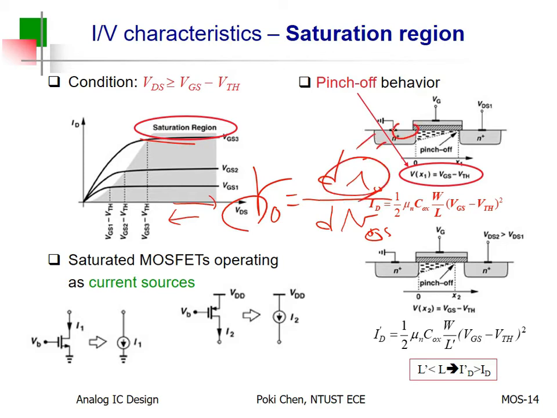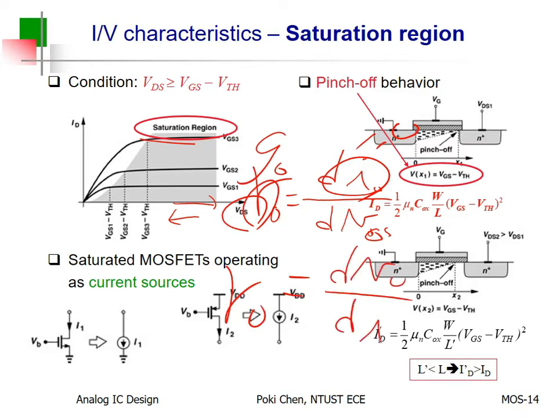It should be 0. Sorry, this is GO. That is not RO. For RO, you need to have dVO over dIO. You change VO, but the difference of IO equals 0, so you have infinite RO. Bingo. That is what we want.